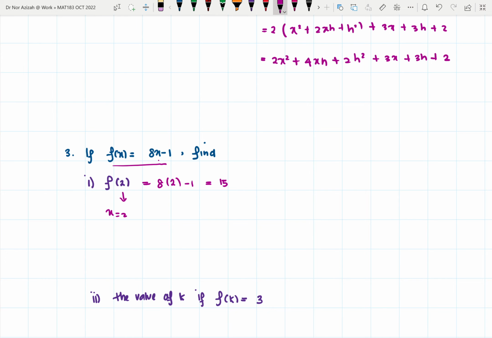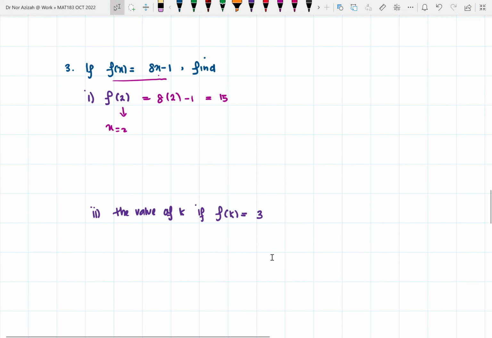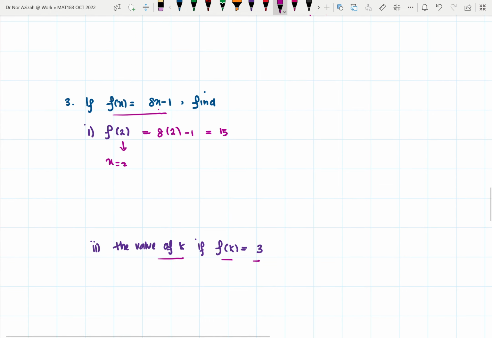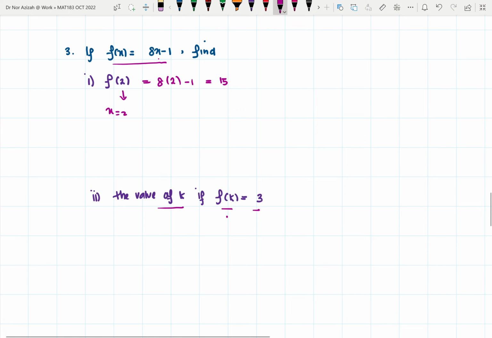Now the next example, you need to find the value of k if f(k) equals 3. Now we have f of x, but this one is f(k). So you just replace x by k here.